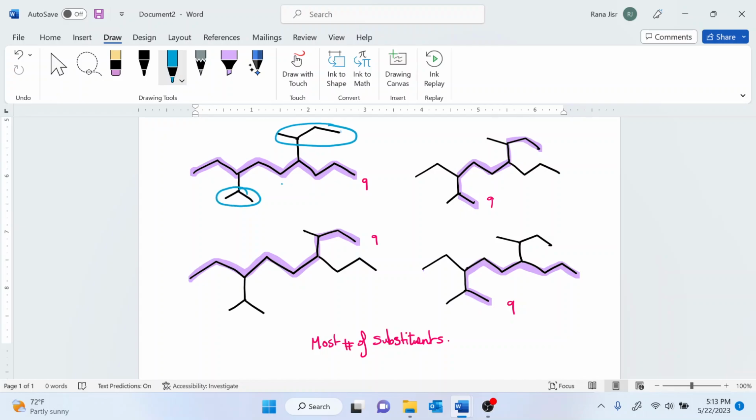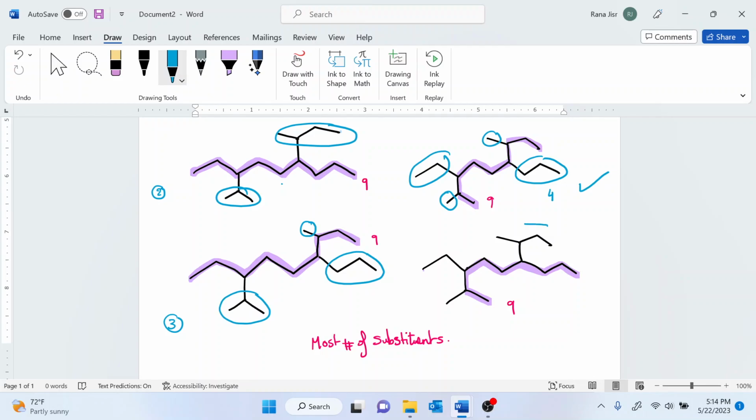The second one, I have 1 substituent here. I have a methyl, I have a propyl, and I have an isobutyl. So here I'm ending up having 3 substituents. Here I'm ending up having 2 substituents. Here I'm ending up having 1, 2, 3, and 4 substituents. So far this is the winner.